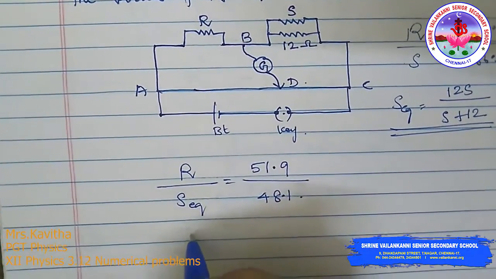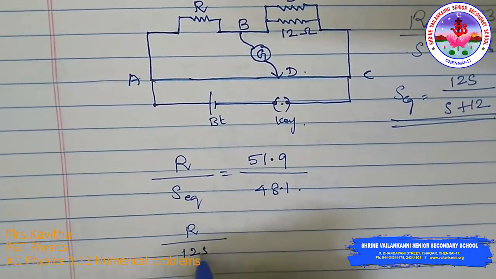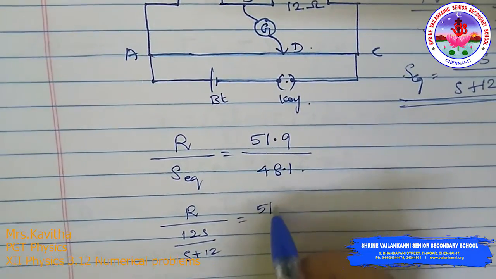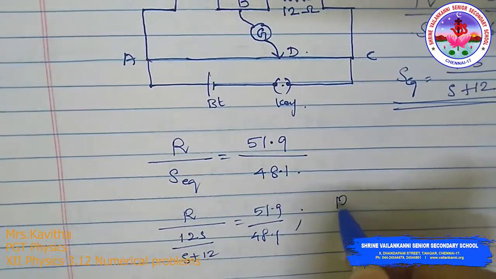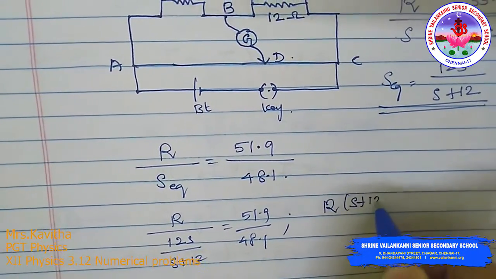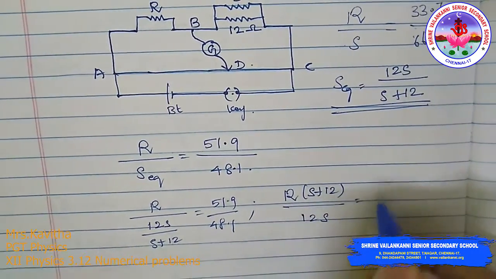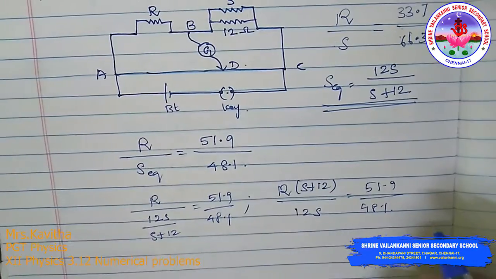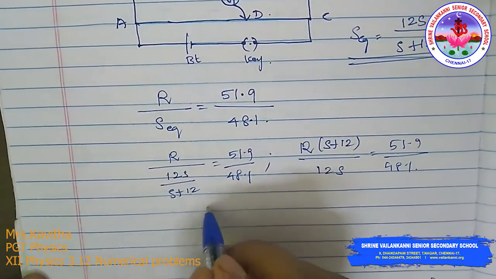Now R whole divided by 12S by S plus 12 is equal to 51.9 by 48.1. We can write this as R into S plus 12 by 12S, which is equal to 51.9 by 48.1.